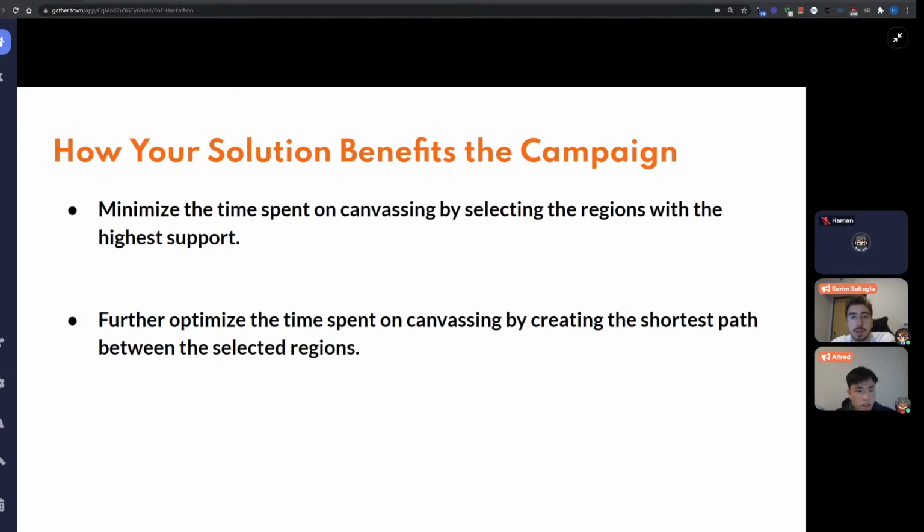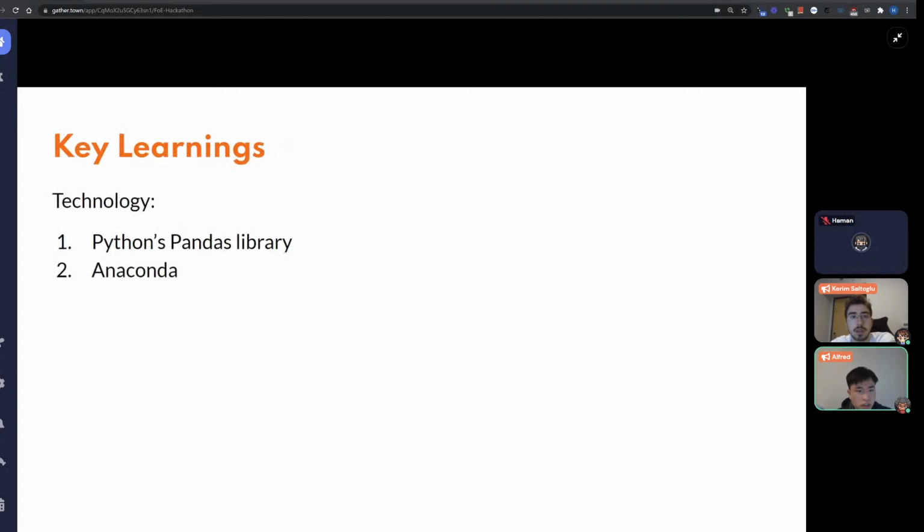In this project we used Python's pandas library, which was the technology that we used to analyze the raw data that we were given, and Anaconda was the software that we used to run pandas. We just want to say thank you to Josh, our tech lead, for teaching us how to use all these technologies.